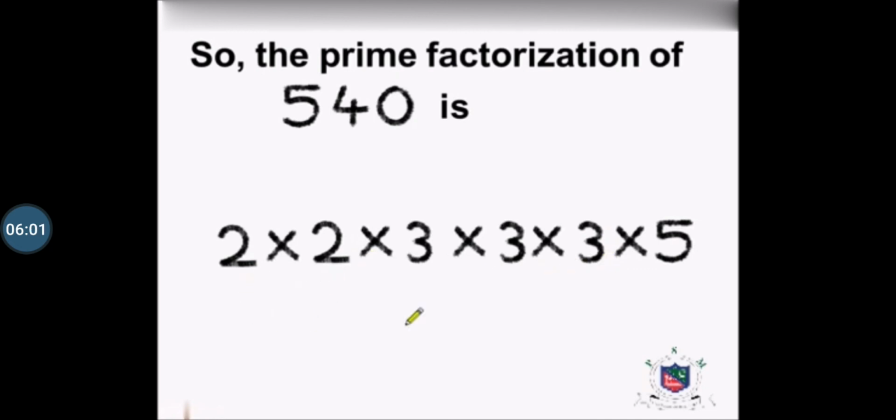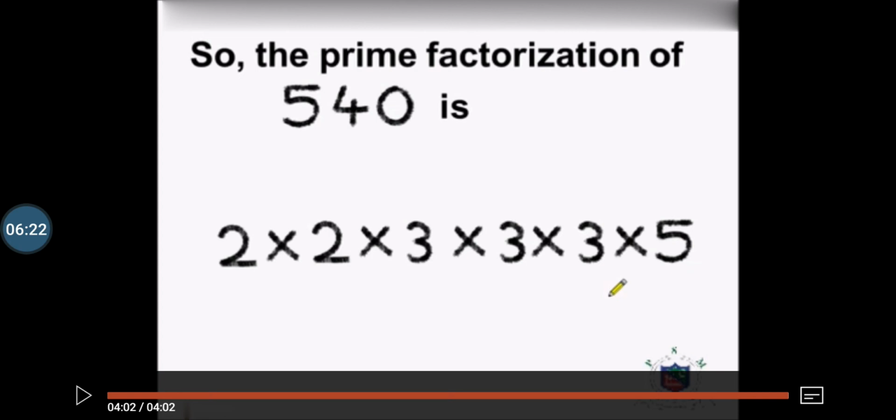And here all the factors are prime numbers. So we did the prime factorization of 540 and we get these prime factors. I hope, my dear students, you understood the division method also.